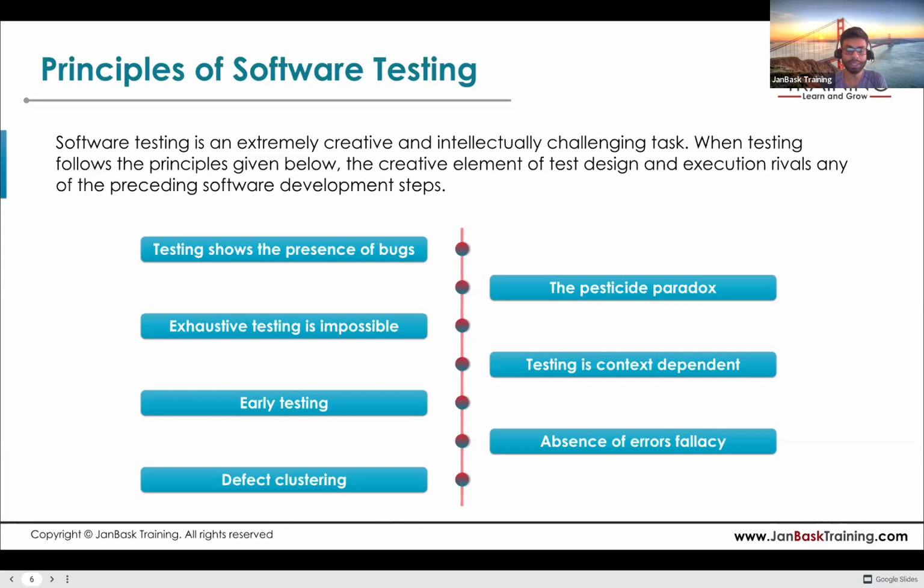Defect clustering is a very, very important thing to understand, so let's understand it with an example. Throughout the testing process, we will get different defects, right? But as you gain more experience with testing, you will see that we won't be getting bugs from all the features of the application.